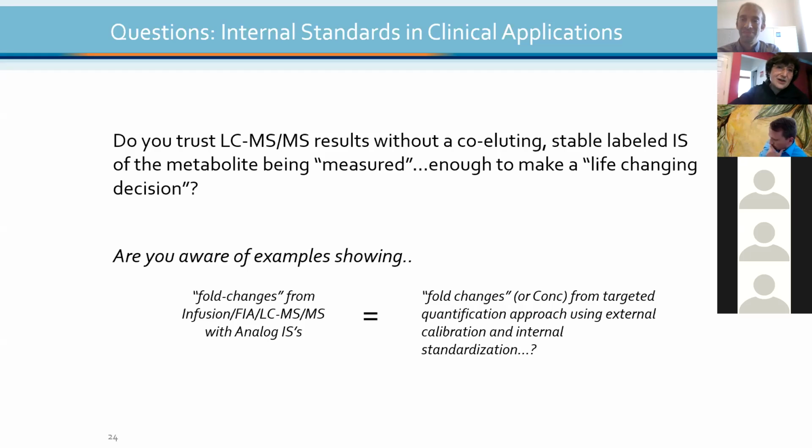the value that labeled material brings is really stability of performance, because we are semi-quantitative. We need to make sure that we detect the difference, and we do optimize our methods specifically for that.